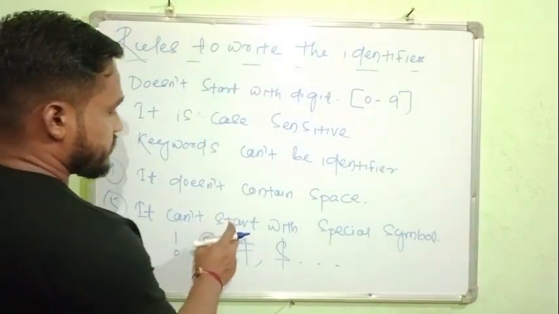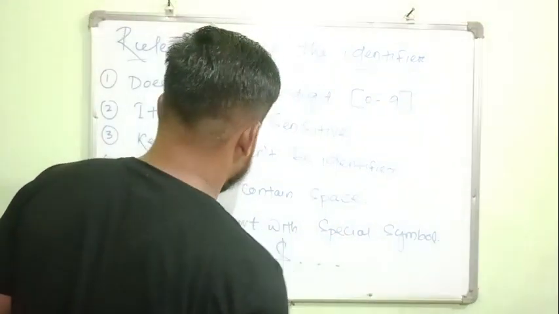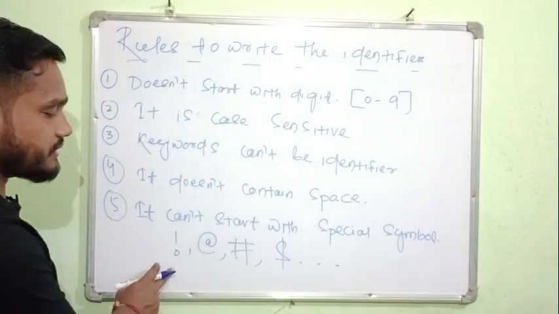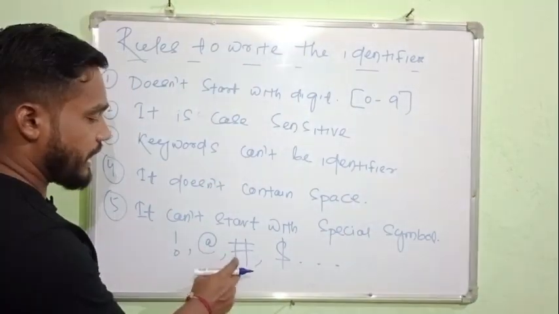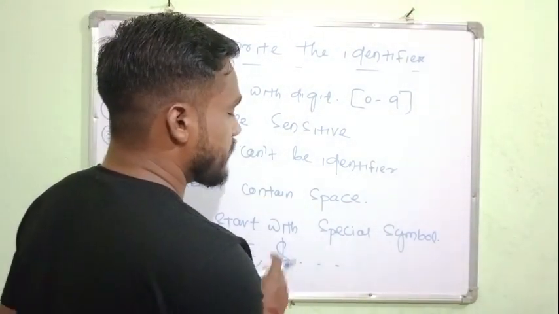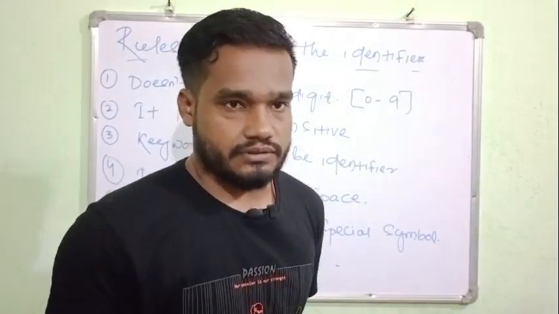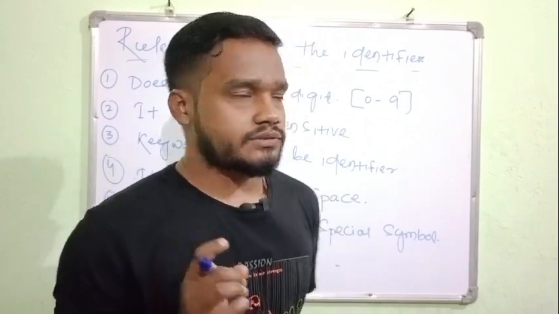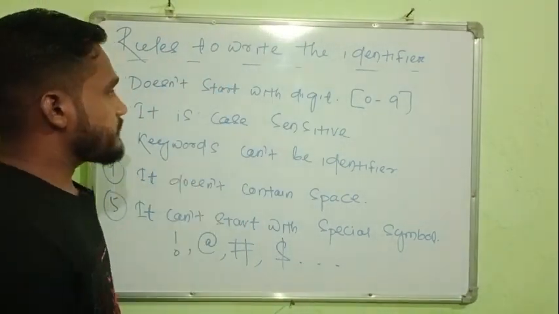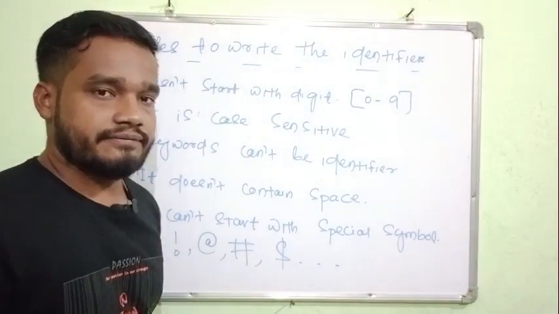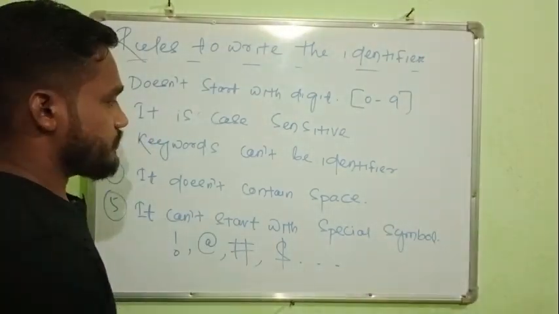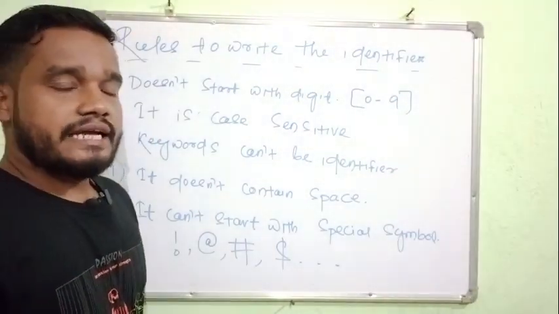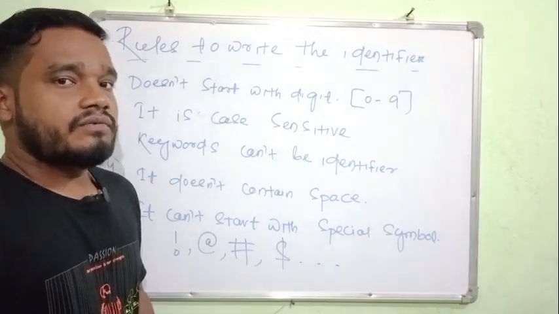It cannot start with special symbol like exclamatory symbol, at the rate, hash symbol, dollar symbol, and other symbols. Special symbol can't be used in identifier. So these are the rules of identifier. So let me erase. I will explain the examples of identifier.